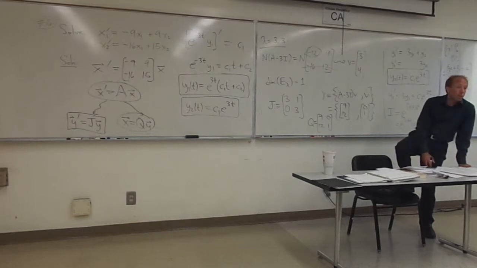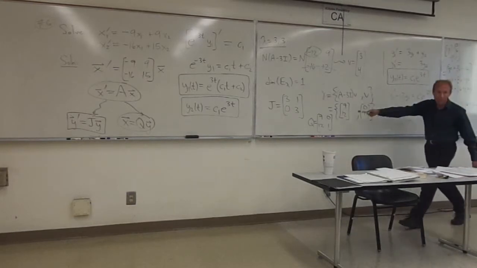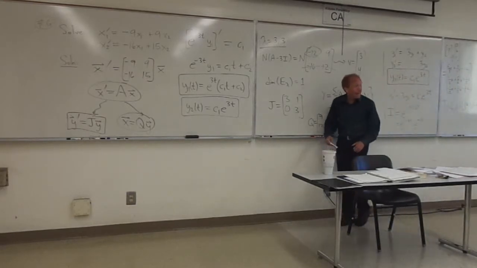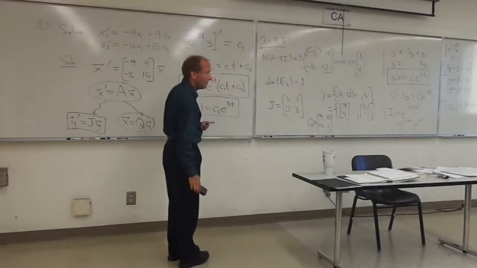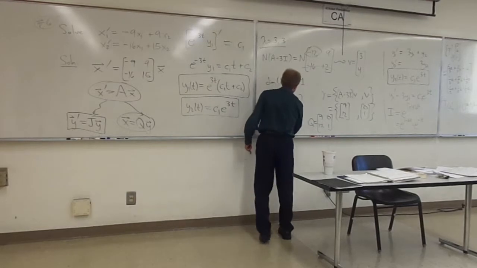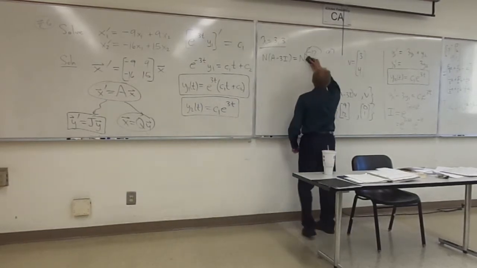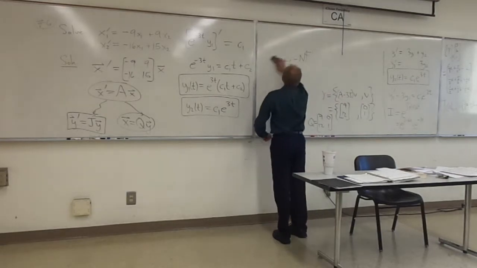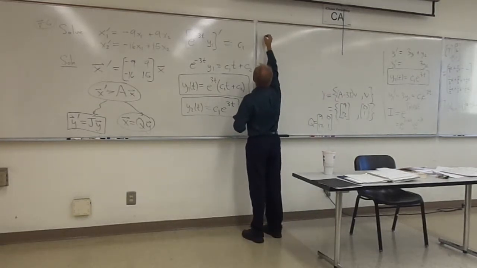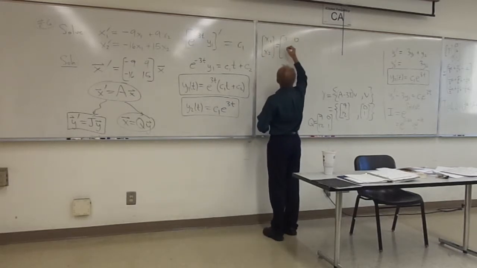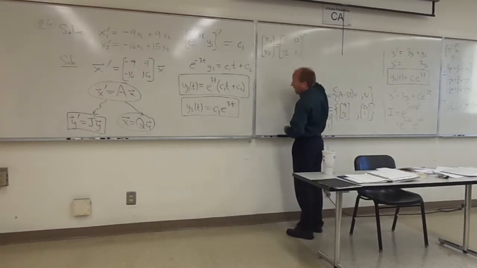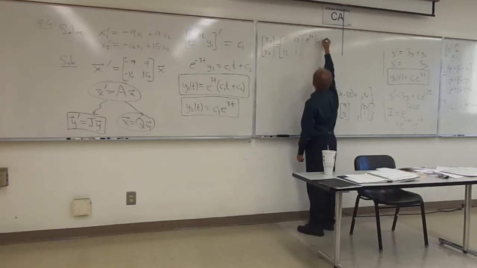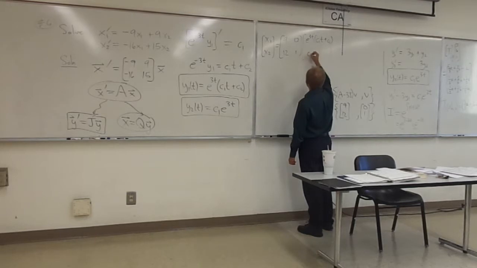Well, that's what I got for y1 and y2, but am I done yet? No, I'm not. I have to multiply by q to get x, so this is y1 and y2, but then we have to find x. Let me not erase the q. So x1, x2 is equal to the matrix 9, 0, 12, 1 times y1 and y2. So that would be e to the 3t times c1t plus c2, and then c1 e to the 3t.